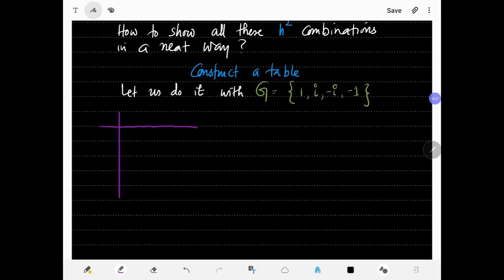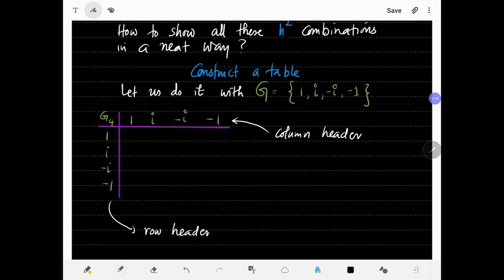You have to label the first row with your elements 1, i, minus i, minus 1, and the first column should also have the same elements in the same order, and you should keep writing the identity element as the first element. It's a convention. So that is the column header, and this is the row header.